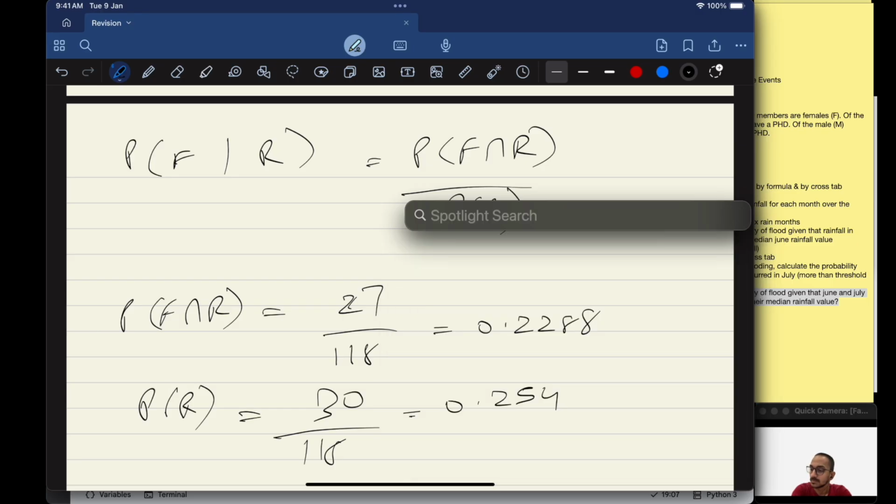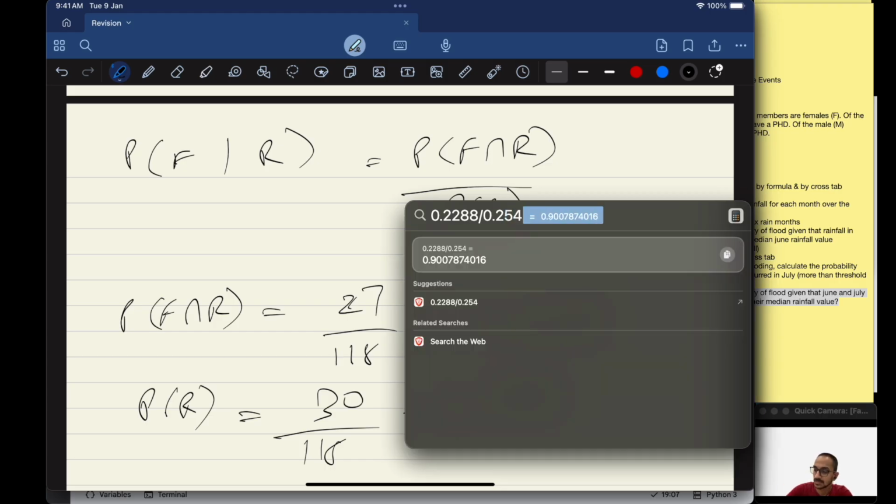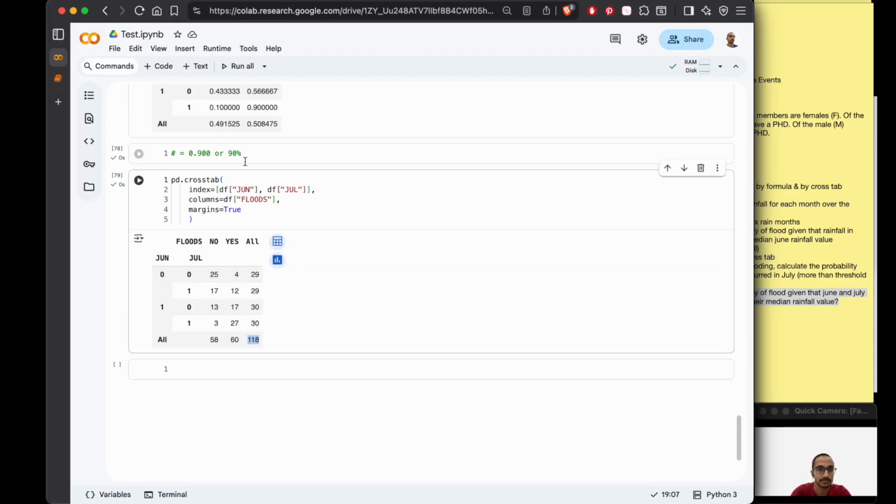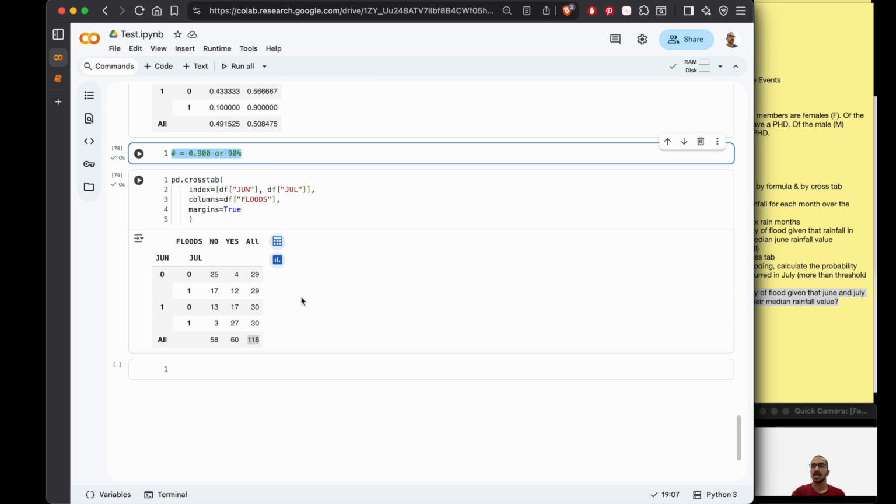So now we will 0.2288 over 0.254, which is, as you can see, clearly 90. 0.900, which is nothing but our 90%, right? And so that's how we solve these questions.